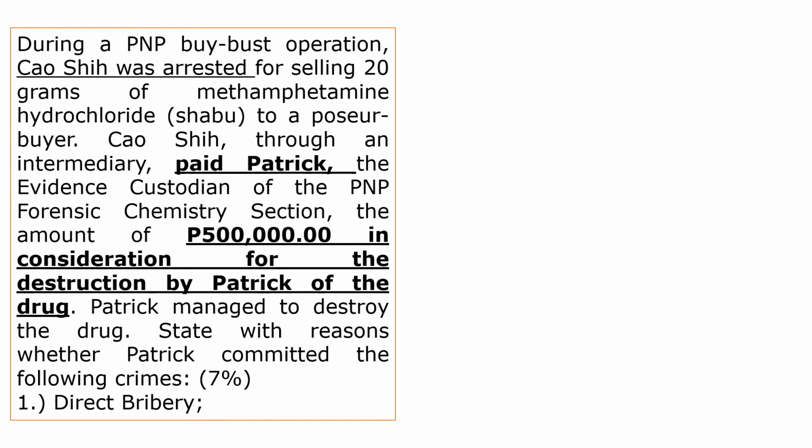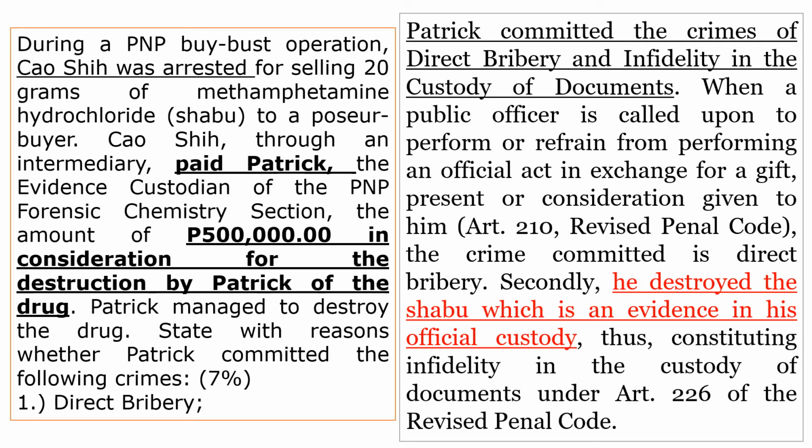Patrick will destroy the drugs. So state with reasons whether Patrick committed the crime of direct bribery. Answer is yes. Patrick is guilty of direct bribery. But aside from direct bribery, Patrick also is guilty of Article 226, that is infidelity in the custody of documents.